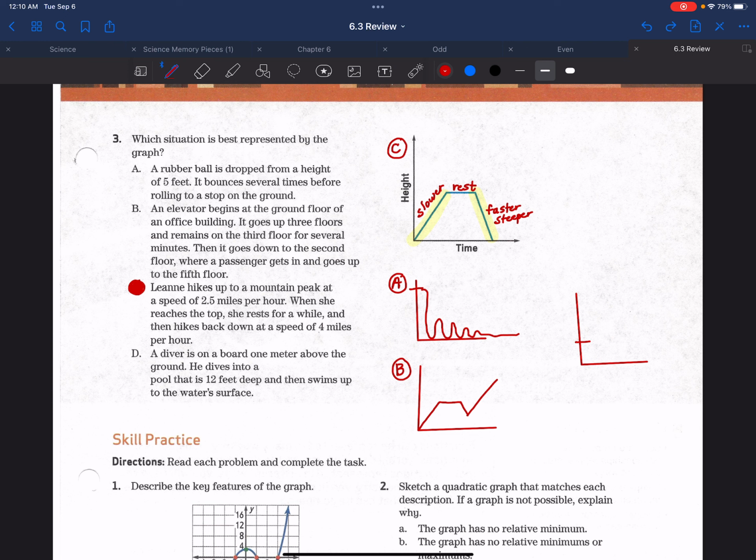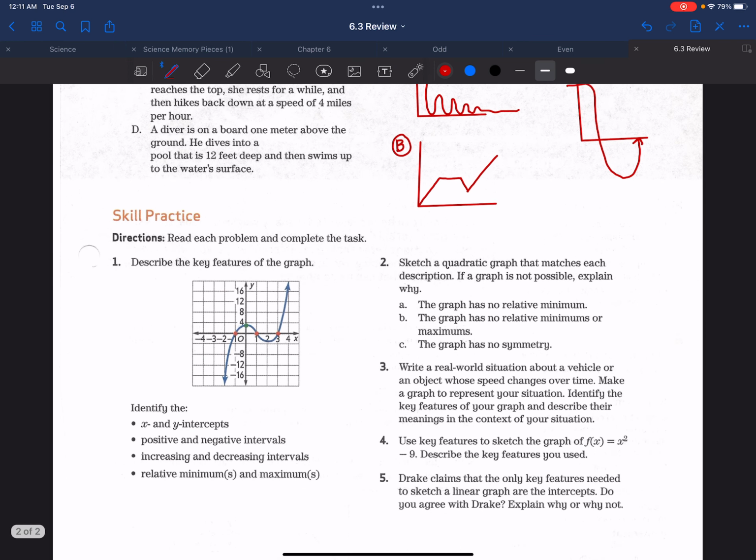Let's give me a little more room. So he dives into a pool, and then he swims to the surface. Okay. So C is the one that fits the graph they provided.